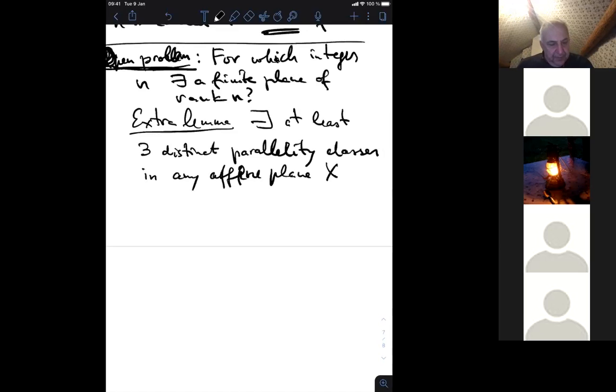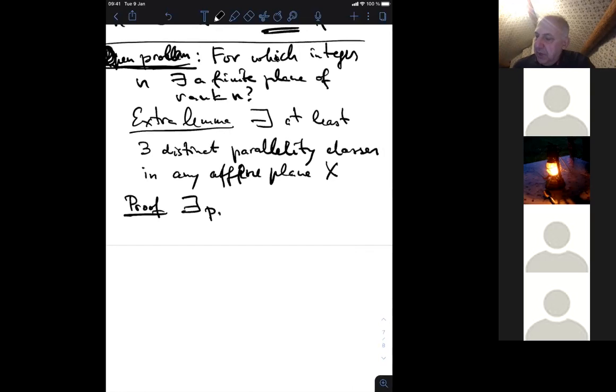Okay, and the proof is as follows. We use the third axiom. So there exist 4 points, P1, P2, P3, P4 in the set of points P, such that no line contains more than 2 of them.